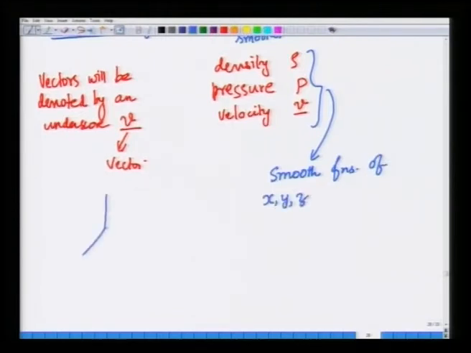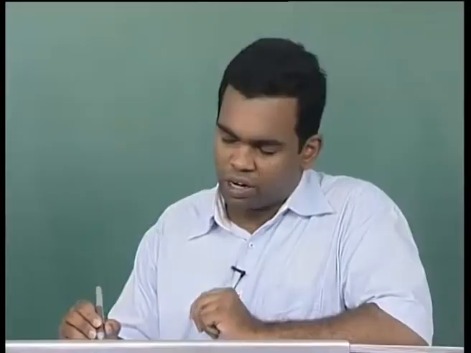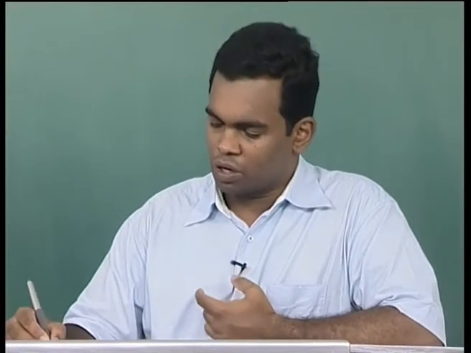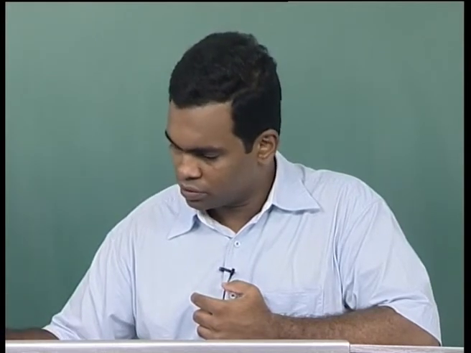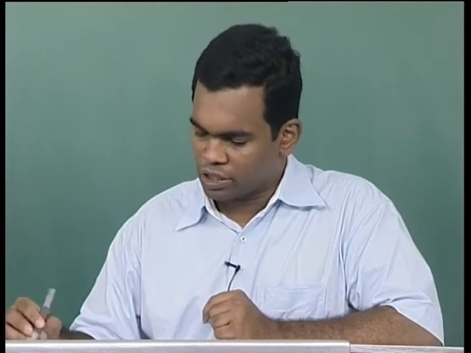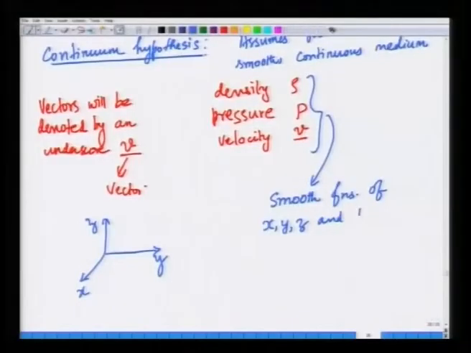Suppose you want to analyze the flow with respect to a coordinate system, the simplest is a rectangular or Cartesian coordinate system with 3 mutually perpendicular axes. All these quantities, density, pressure, velocity, are postulated to be smooth functions of x, y, z and time t.